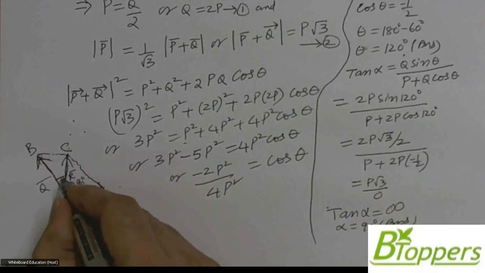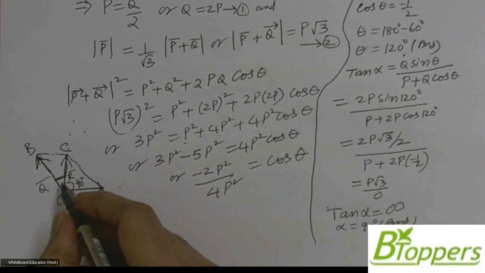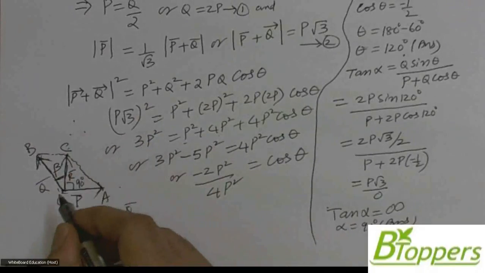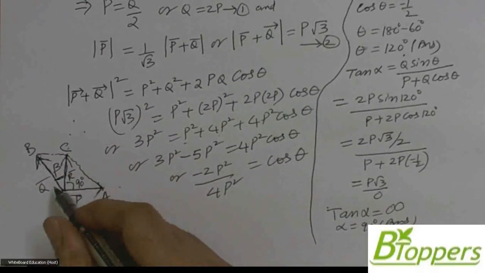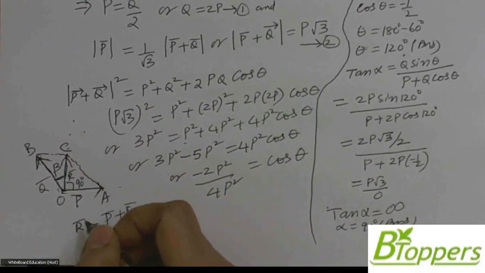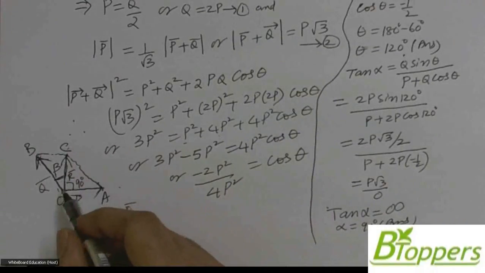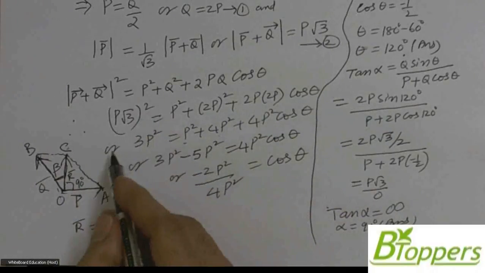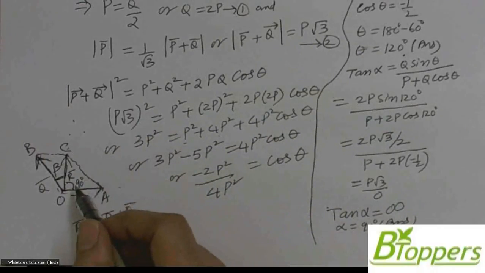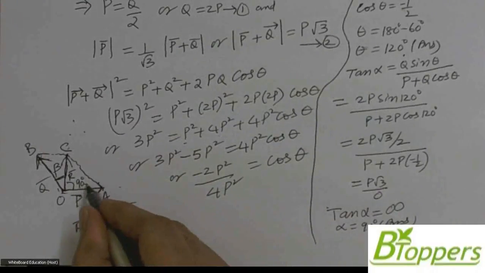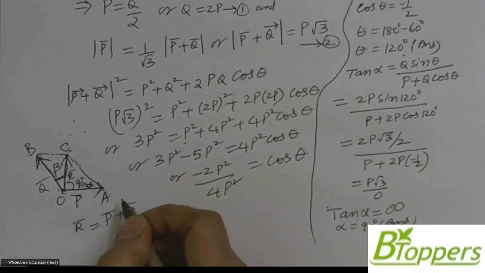Of course, sometimes you may be asked to find this angle denoted by beta between Q bar and resultant. So that will be equal to how much? Alpha plus beta will be equal to theta here. Alpha is the angle made by the resultant with the first vector.